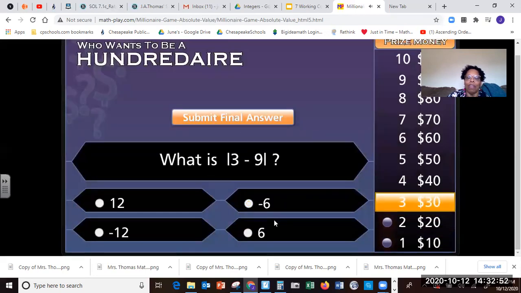What's the absolute value of 3 minus 9? Well, in order to do this, you have to work inside the absolute value sign first. And you know what? I don't want to teach you this one right now. I didn't want us to do these right now. So how can we skip this one? It's going to be wrong because we're skipping it.